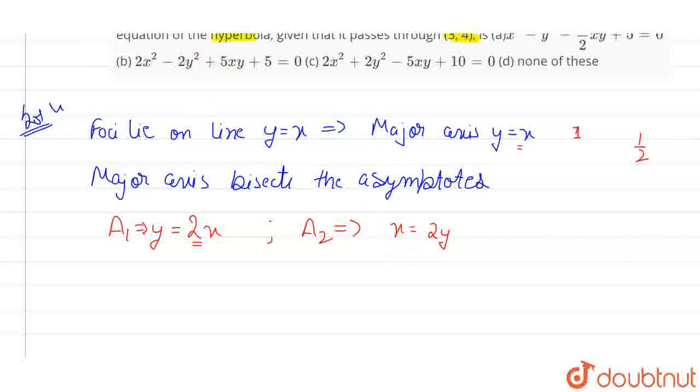So now I have my two asymptotes, A1 and A2. I'll combine them to find the equation of the hyperbola, because that is what is asked in the question.